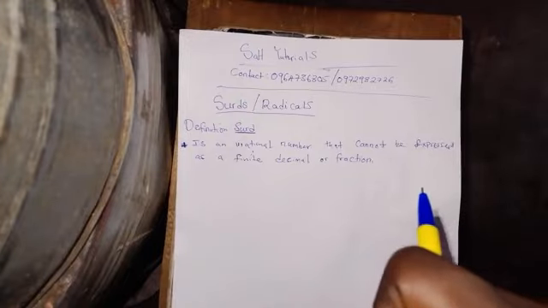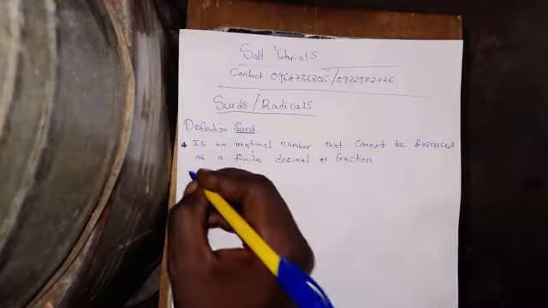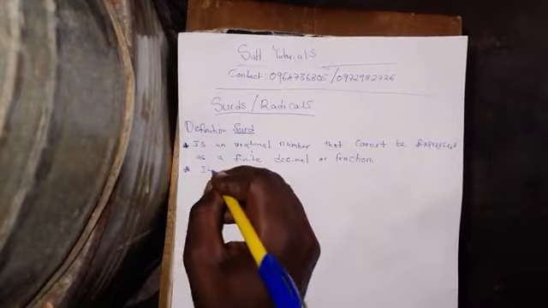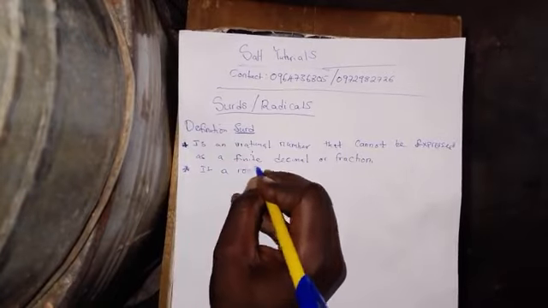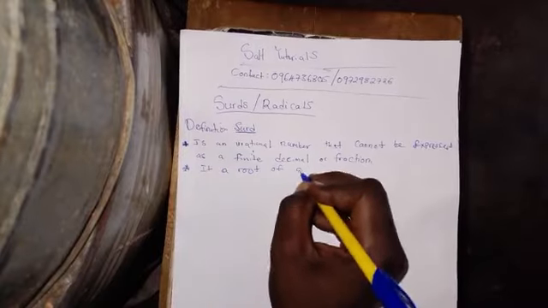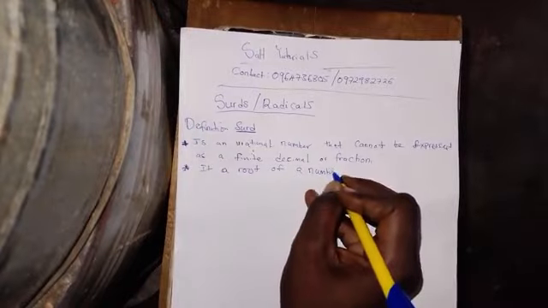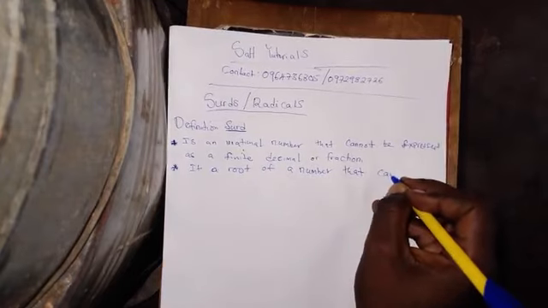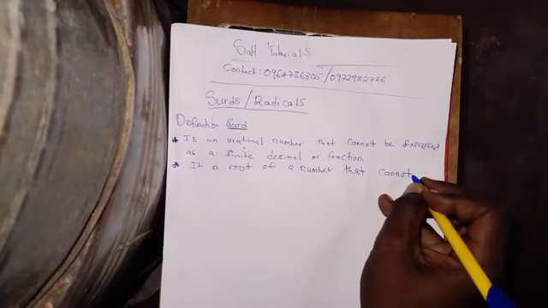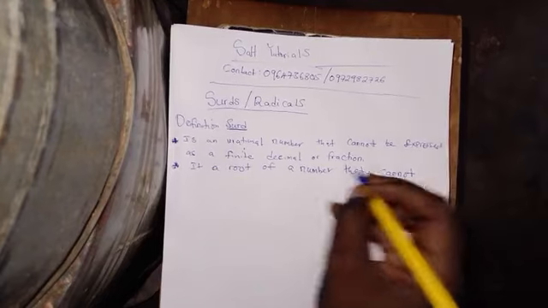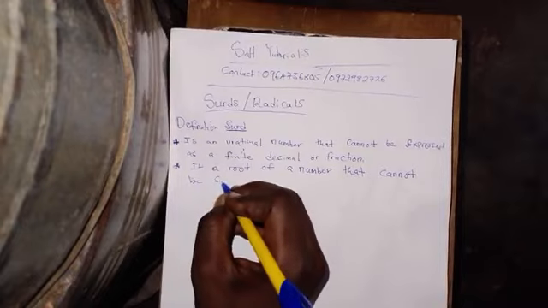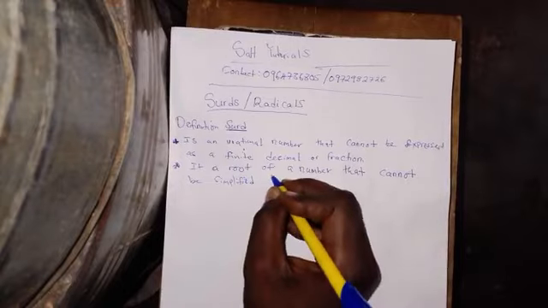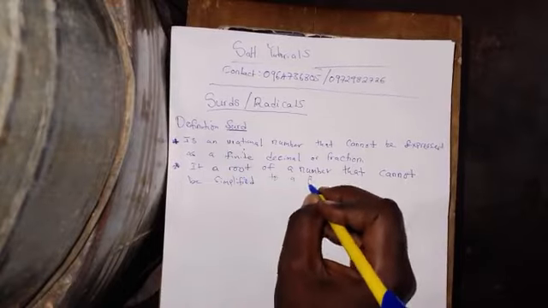In other terms, we can simply say that a surd is just a root of a number that cannot be simplified to a fraction.